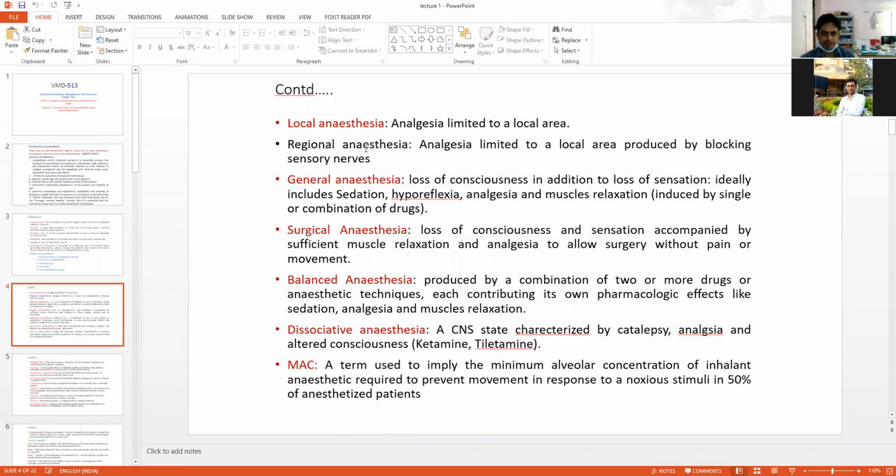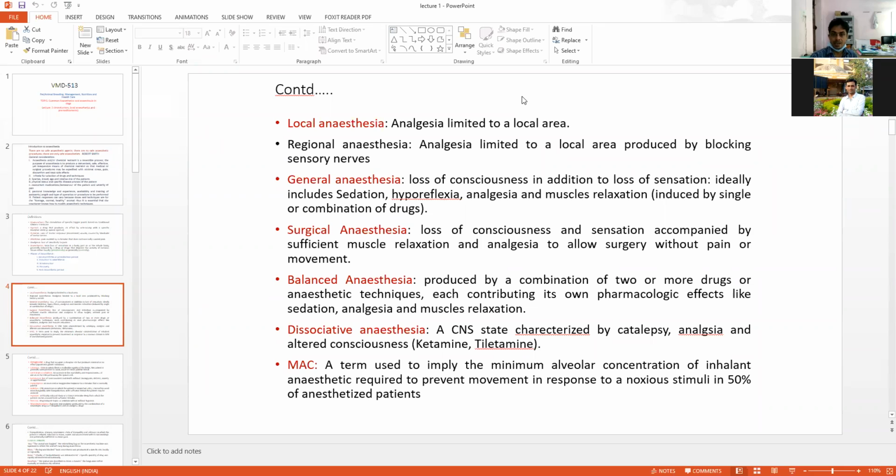Now, local anesthesia. This type of anesthesia is limited to some local part. Suppose you are interested in teeth surgery, then you desensitize the particular tooth; this is known as local anesthesia. Regional anesthesia: paravertebral nerve block is a type of regional anesthesia.